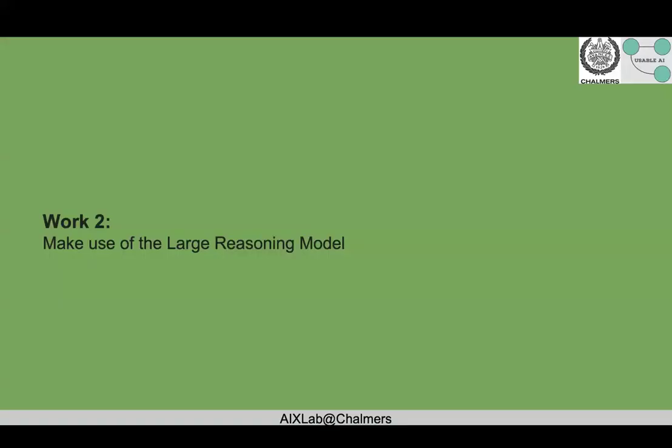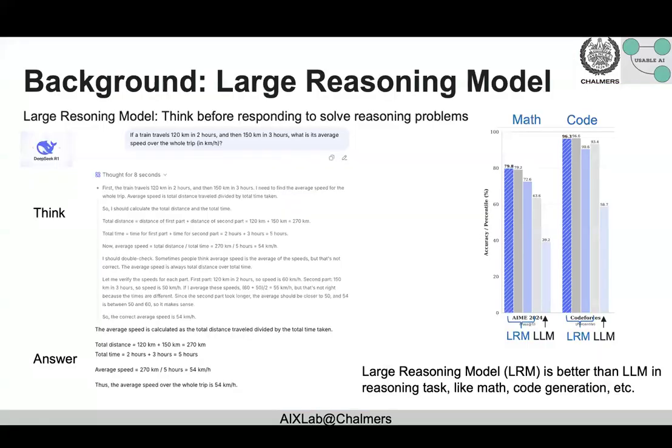Then I will introduce what I'm doing now. This year, large reasoning models are very popular, like DeepSeek. So what is a large reasoning model? It thinks before responding to solve reasoning problems.